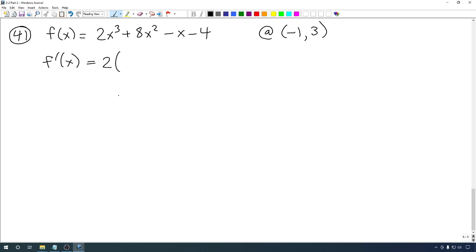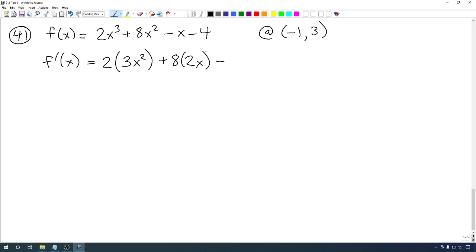Hopefully you'll get used to just kind of smoothly going through this as we go. But the derivative of x cubed, remember by our power rule, is 3x squared. Bring down that 3, reduce the 3 by 1 to get a 2. Then we have 8 times the derivative of x squared is 2x, for similar reasons.